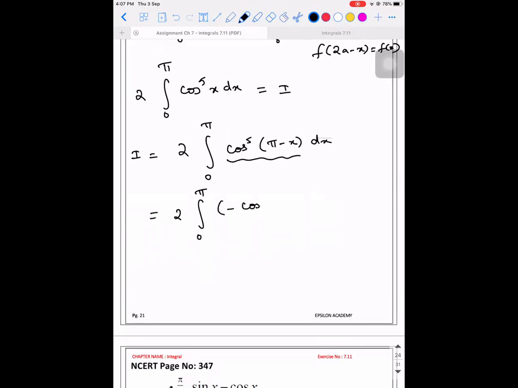Minus 1. It will be minus cos x dx. So when you add this I and this I together, 2I will be equal to how much? 0. So I will be 0.